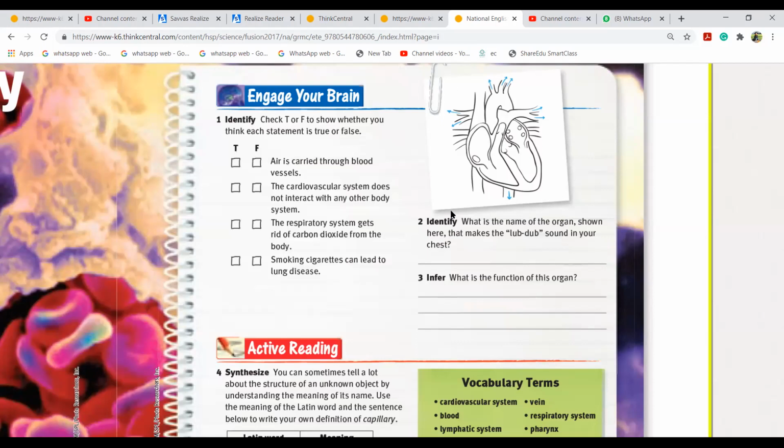Read the next one. Yes, Malak, read the next one. Okay, miss. Wateen has read already. Read the second one. The cardiovascular system does not interact with any other body system.